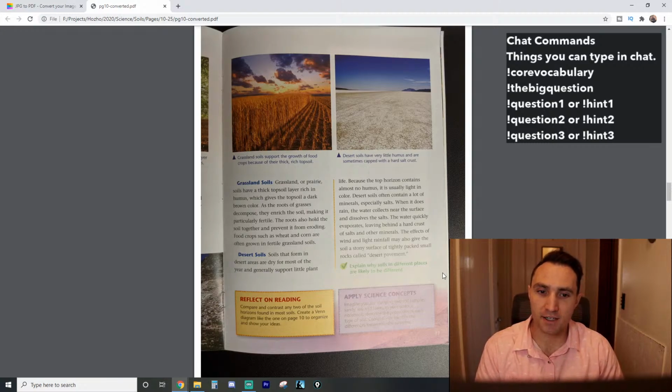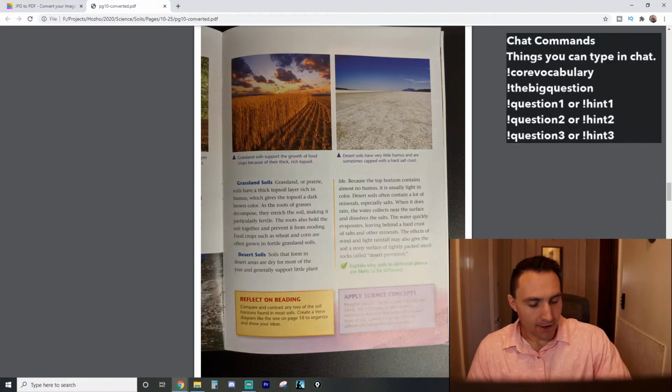Let's contrast the difference between desert and grassland and forest soils. No one is answering. All right.